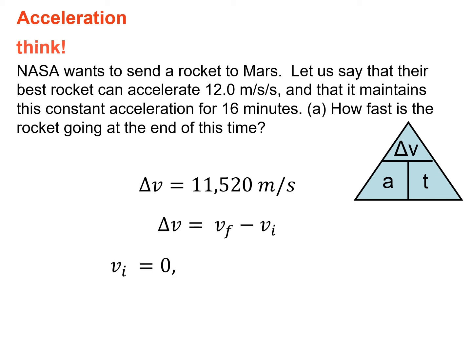And if you substitute that in, recognizing that the initial velocity of a rocket when it's sitting on the launch pad is 0, essentially you can just mark it out and say delta V and VF, those are the same thing. So if delta V equals 11,520 meters per second, then VF, final velocity, equals 11,520 meters per second.